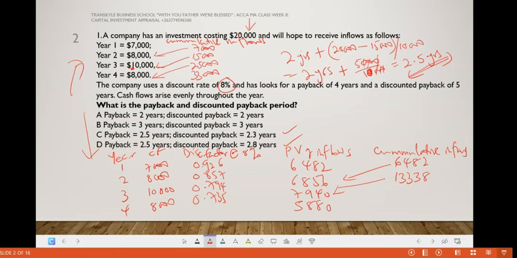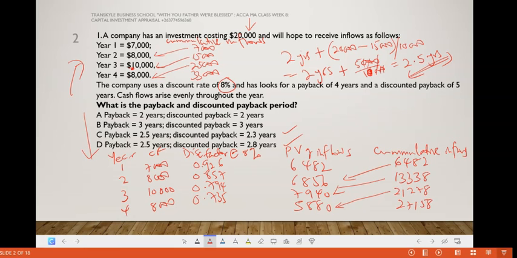We add that to this figure and we get 21,278. Then adding this one to that figure, we get 27,158.